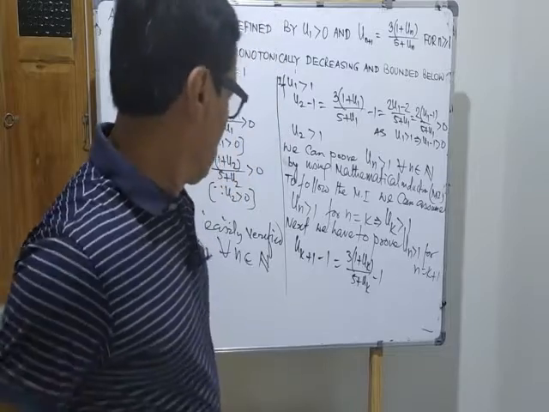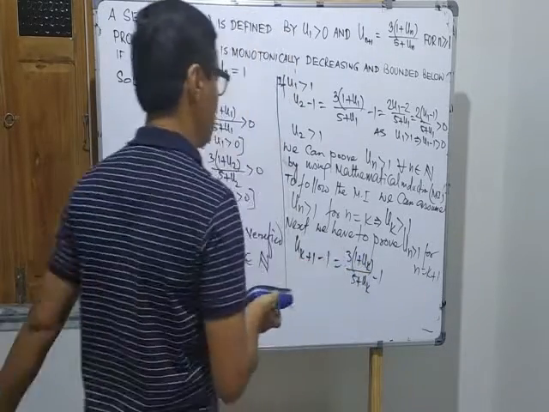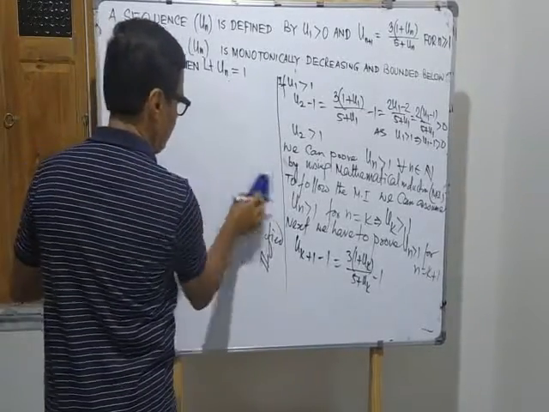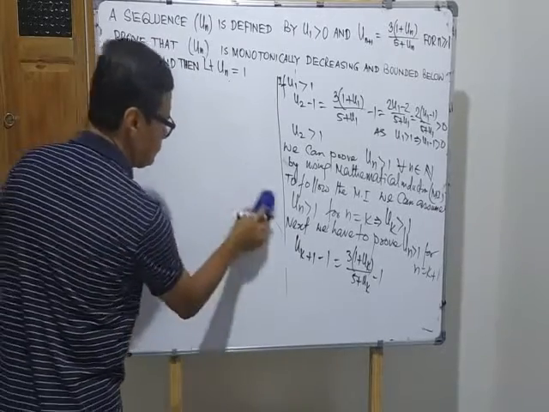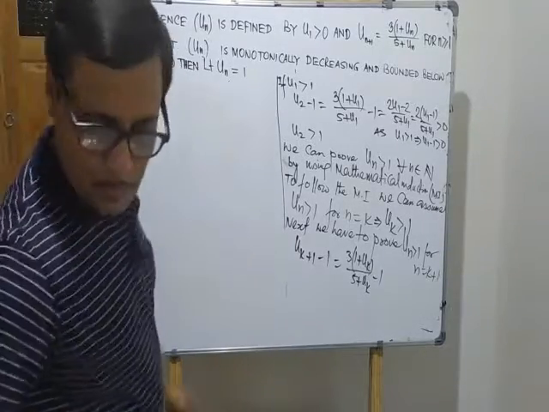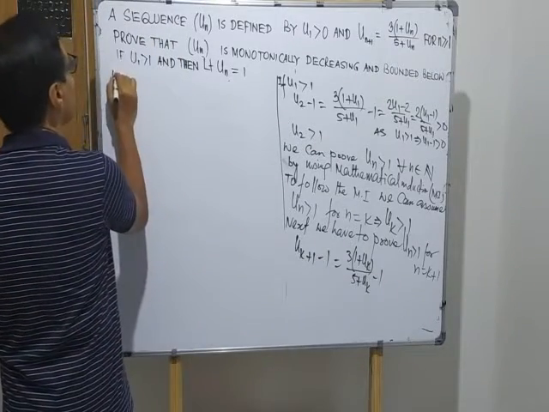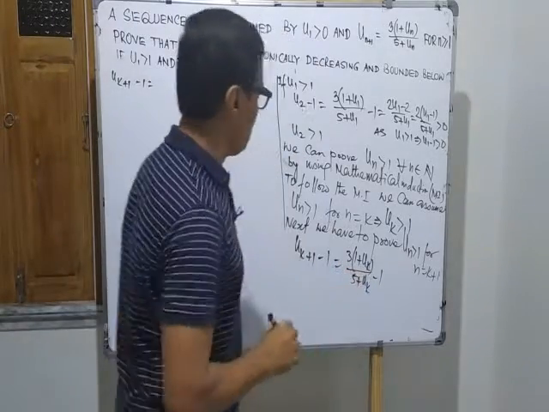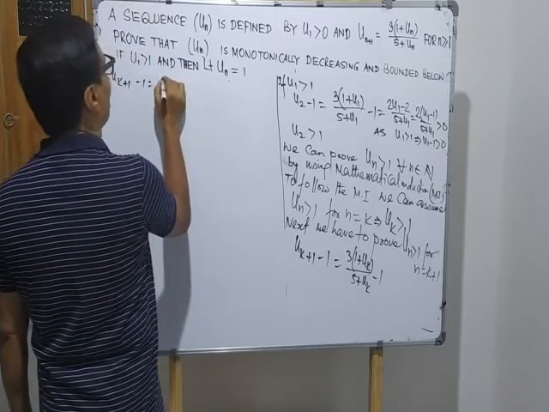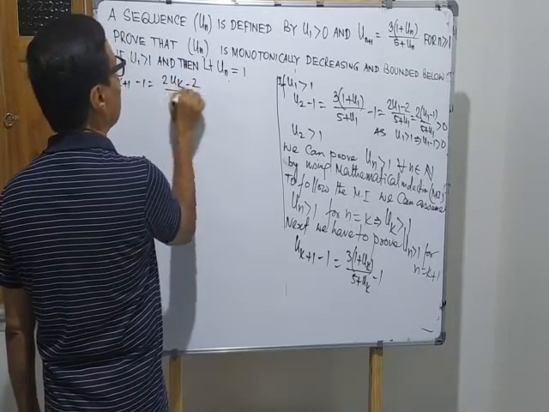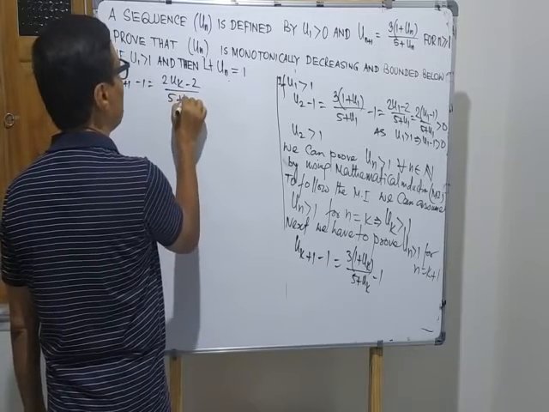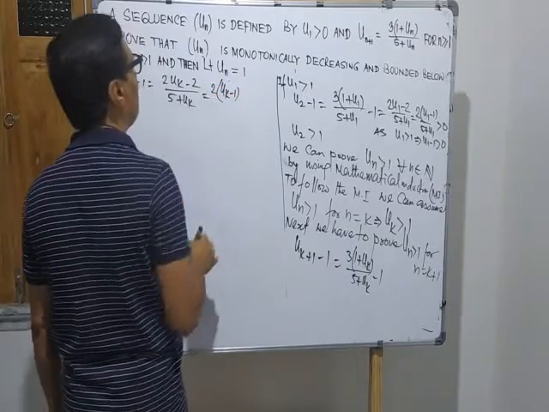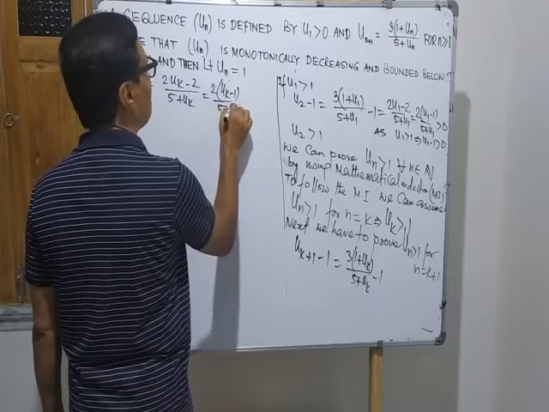Now we have u_(k+1) minus 1 is this. We can simplify it. u_(k+1) minus 1 equal to this, is equal to 2u_k minus 2 over 5 plus u_k, which is equal to 2 times (u_k minus 1) over 5 plus u_k.